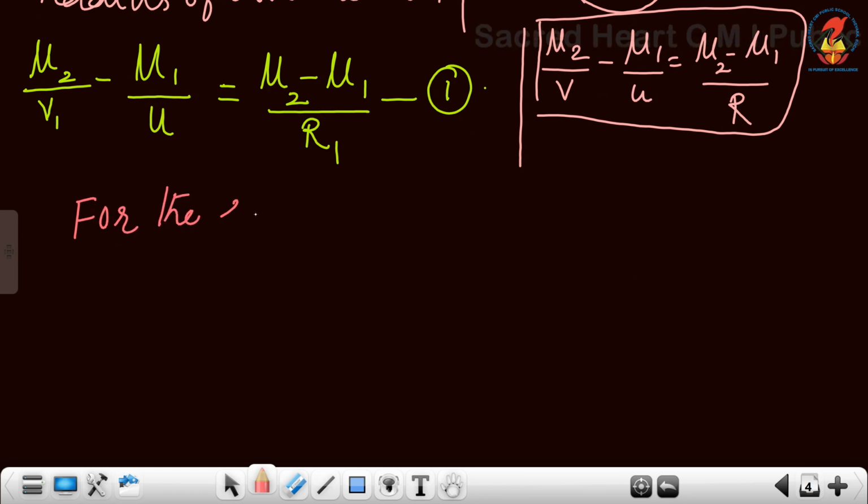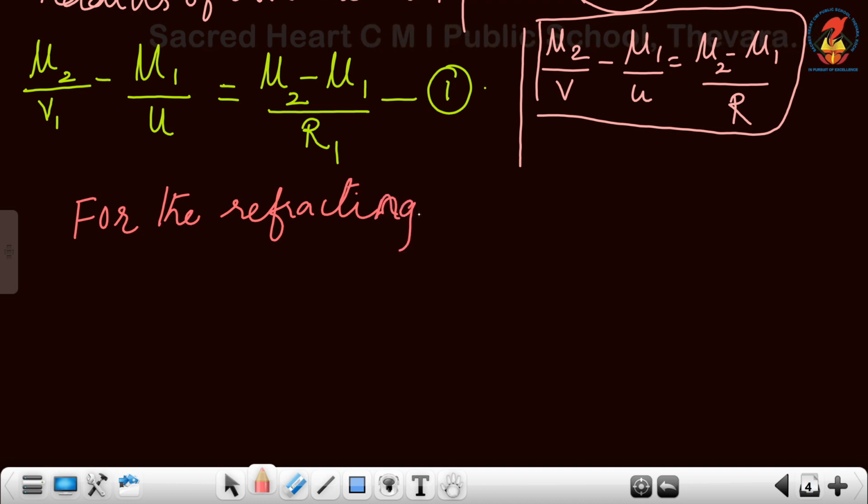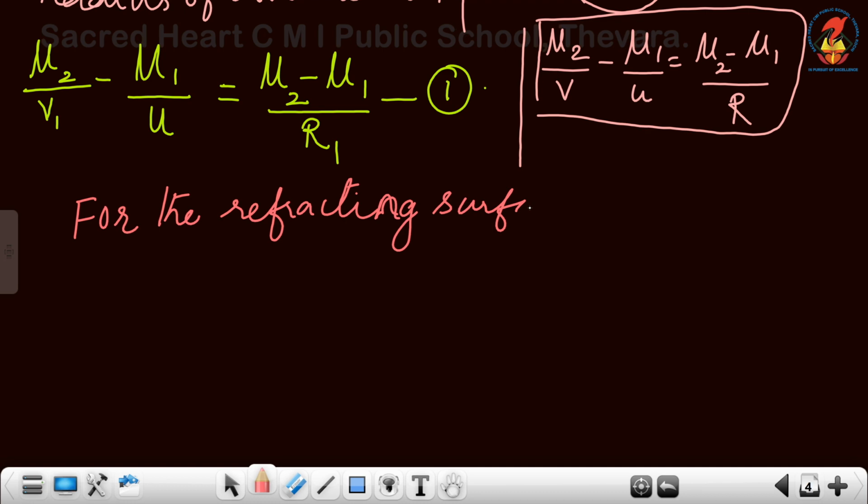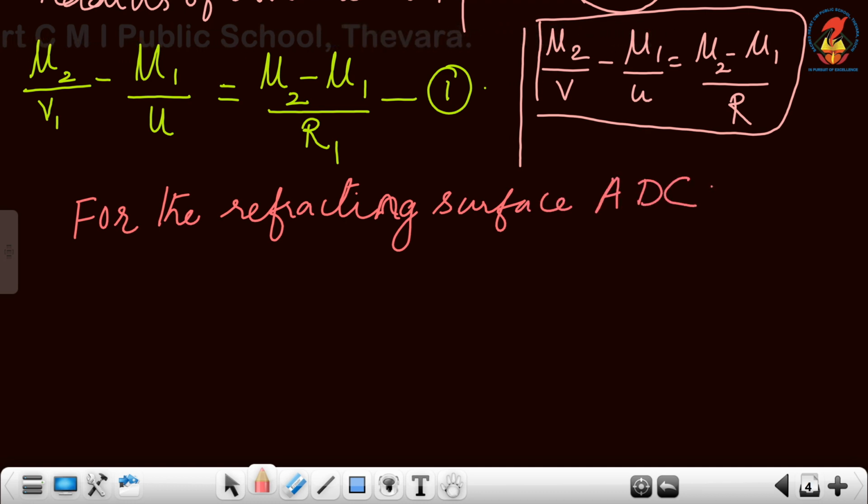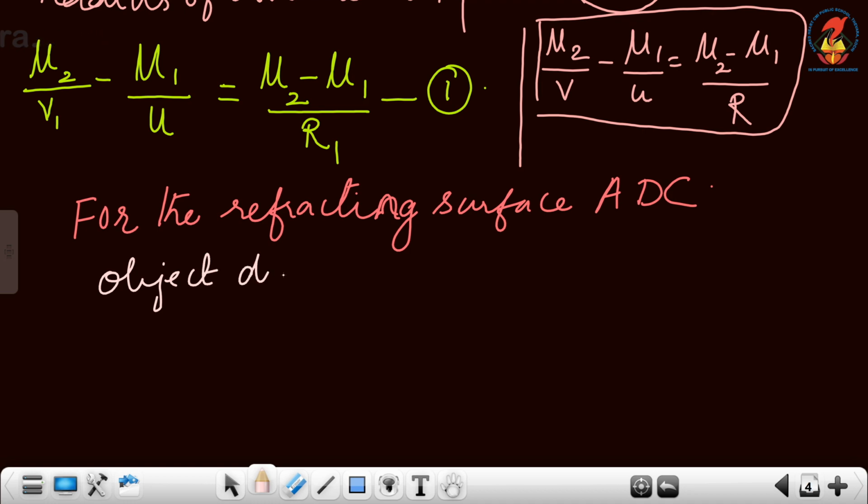for the refracting surface A, D, C, the object distance is what? The object distance is V1, because I1 is acting as the virtual object for the second refracting surface.